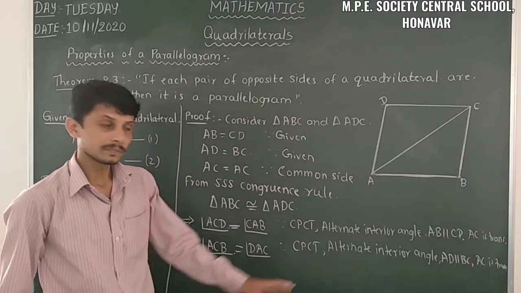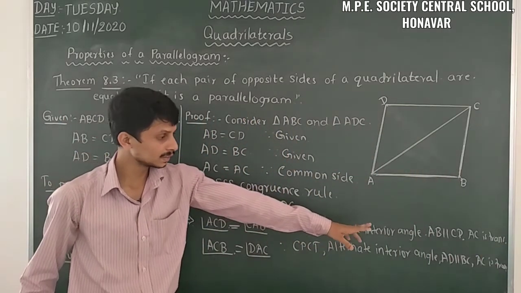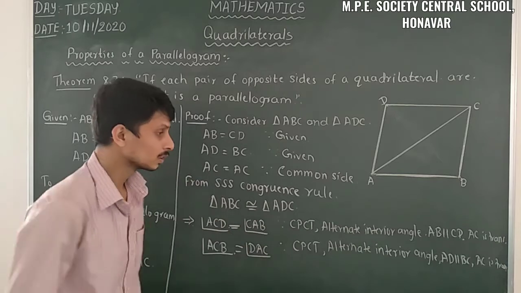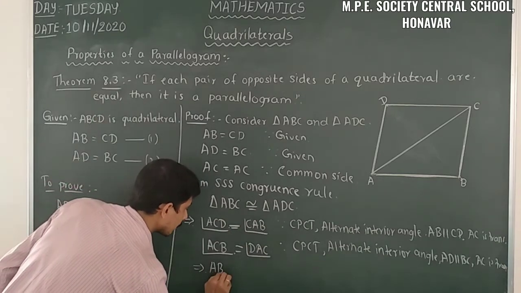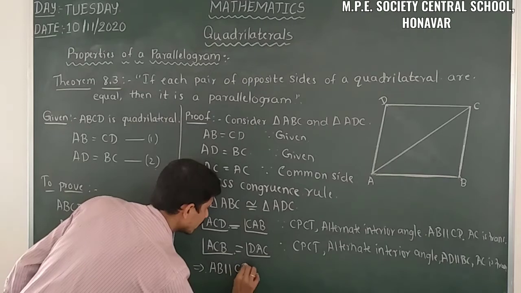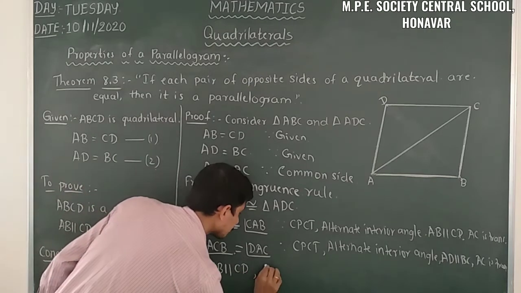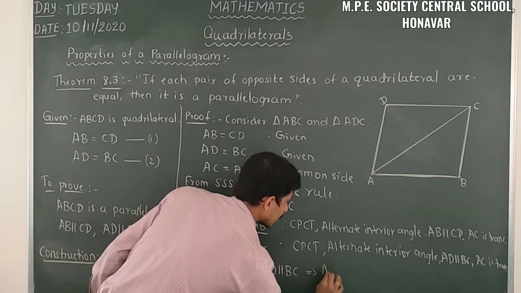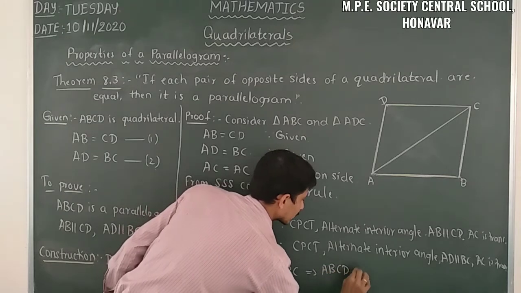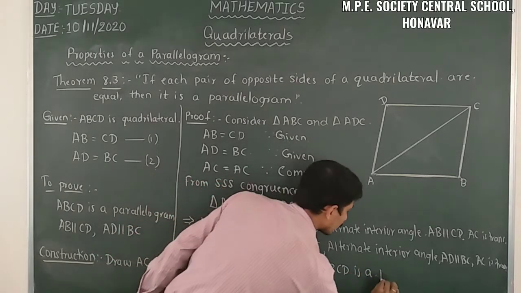So that's why we have AB is parallel to CD and AD is parallel to BC. So this implies ABCD is a parallelogram.